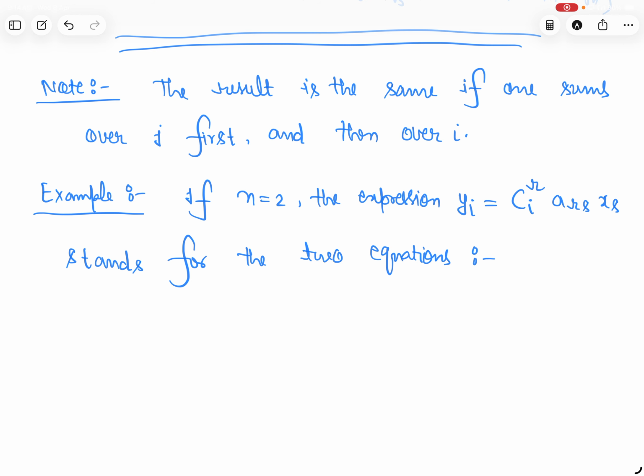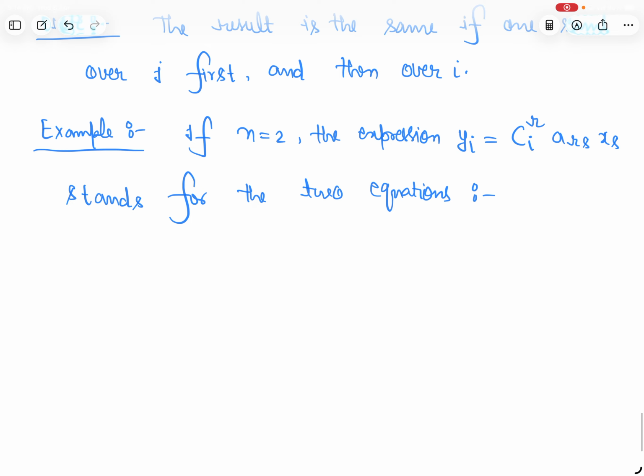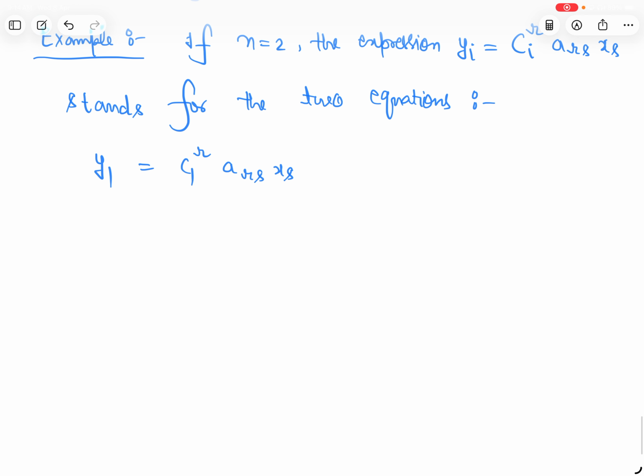What is the value of n? It is 2. So if n is 2, it means i can be written from 1 to 2. So put i = 1, what is my answer? y1 = C1r Ars xs. There is double summation because r is repeating 2 times here, s is also repeating 2 times.